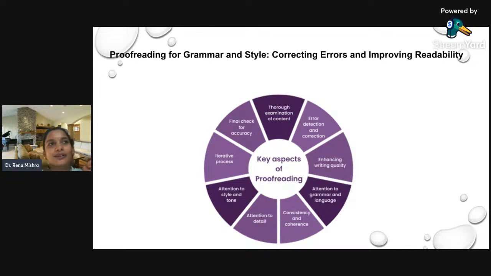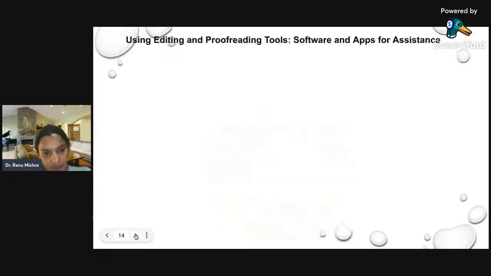Because wrong spellings, wrong grammar, wrong tone in research methodology will eventually be rejected no matter how strong your methodology is. So your proofreading actually makes your work worthy of being accepted. That needs to be accepted as one of the most important aspects.